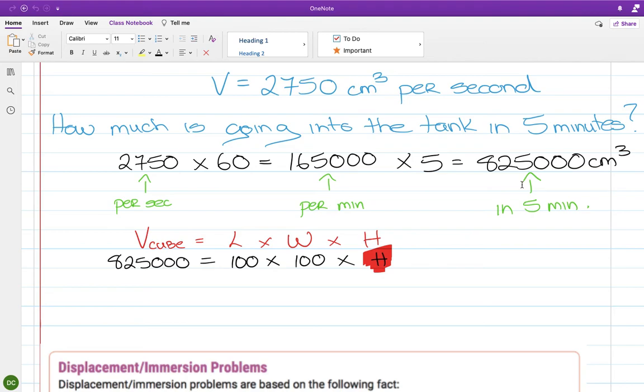So I need to divide by 100 to get rid of that 100, and divide by 100 to get rid of that 100. Yeah, so then I need to do the same thing over here. I need to essentially divide by 100 twice.